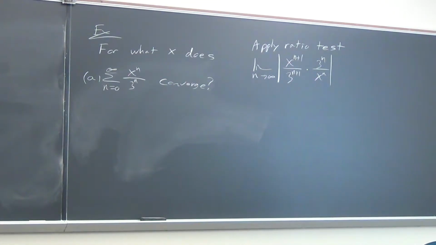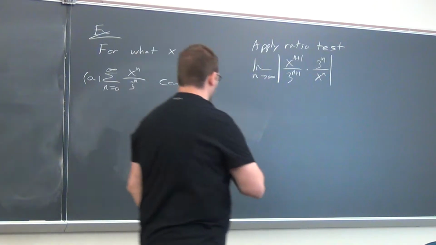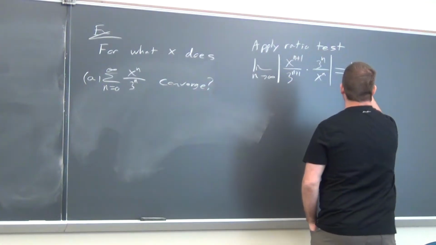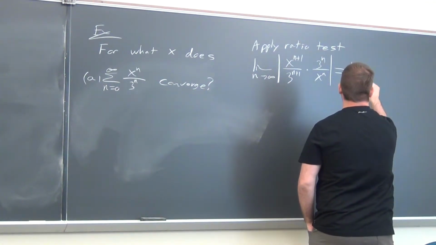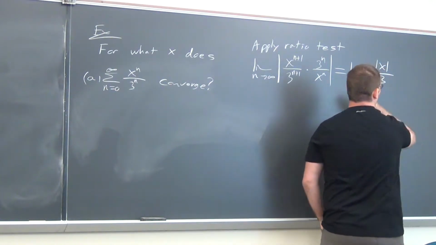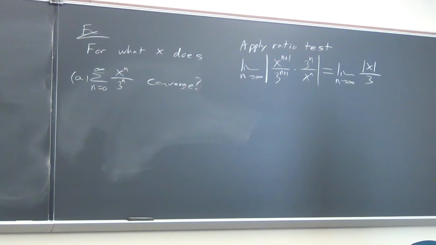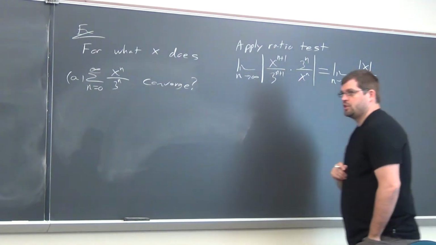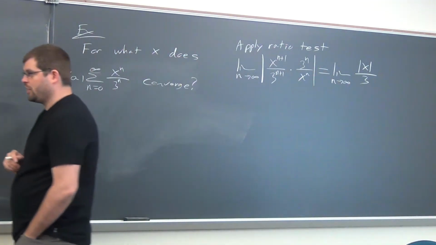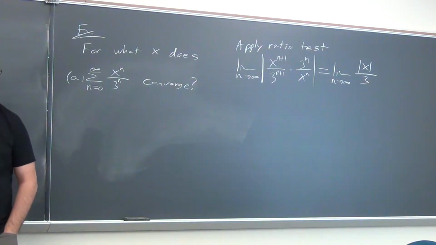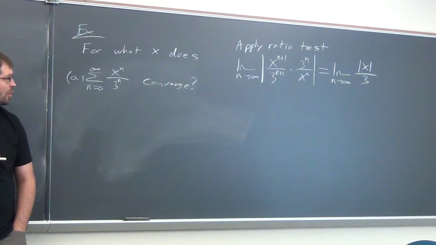This is no different. What is it? x over 3. This time we don't know what x is. It could be negative, so I'm going to leave the absolute value around it. We just had the ratio test on our last exam. What were the conclusions?